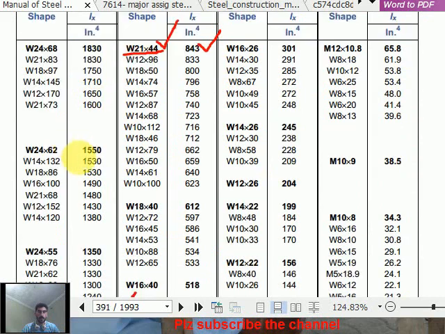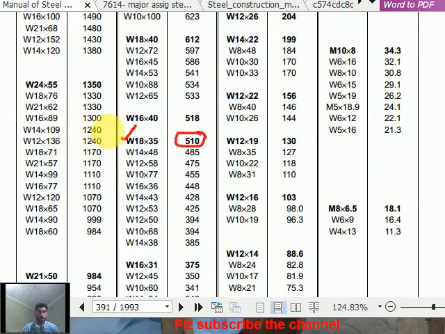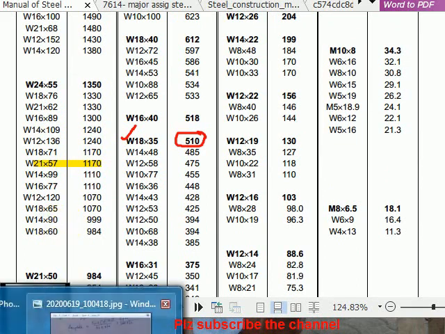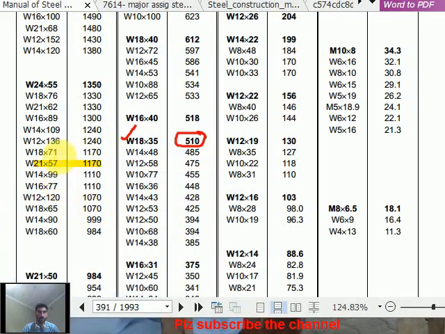W21 is this one which they select, and the other section which they select is W18x71. Where is this one? This one. Both have the same moment of inertia, remember, but W18 has a lower depth but the weight is more. W21 depth is greater but weight is smaller.